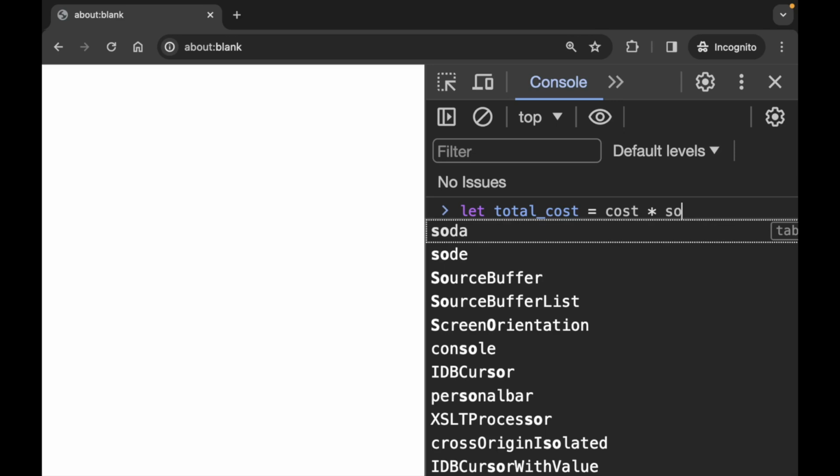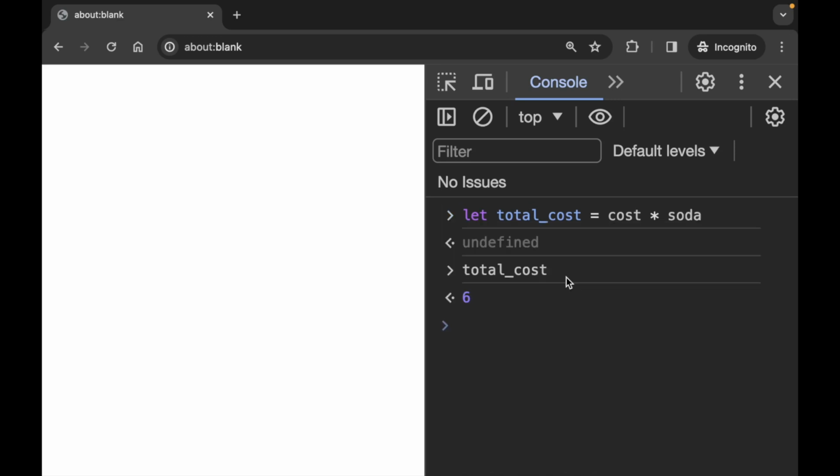Now we can check total cost, and notice we have 6. So we can have an expression mixed in with our variables, and now you can see how valuable this could eventually be. Again, we haven't even added in tax. We could add in a tax rate, a discount, all kinds of things.